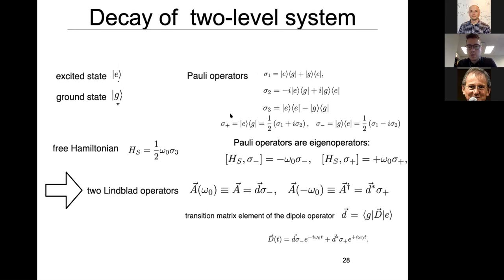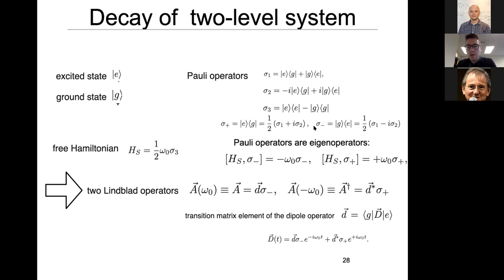So we have the Pauli X, Pauli Y, Pauli Z operators. We can also define the corresponding raising and lowering operators of our open system, sigma plus and sigma minus.